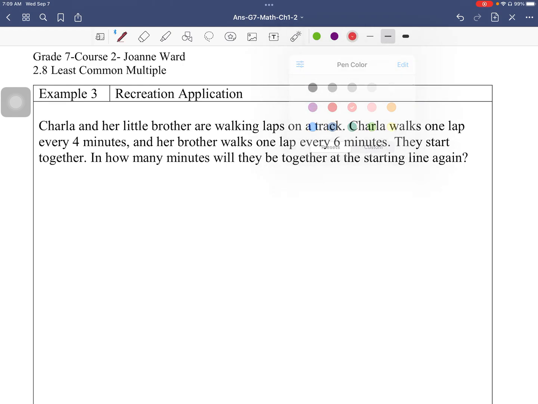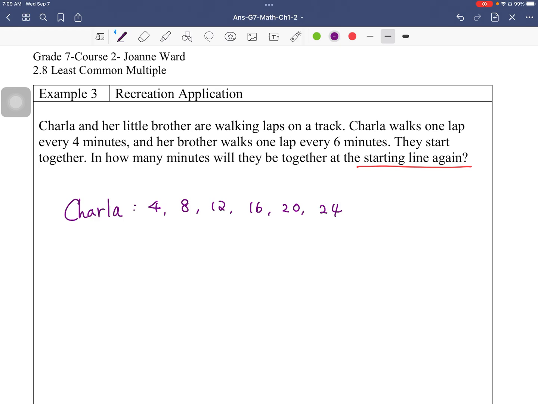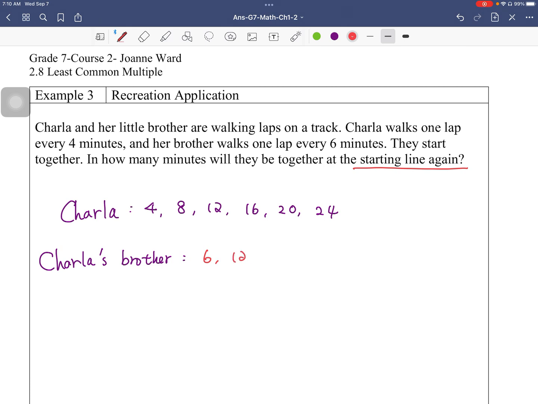For Charla, every 4 minutes, you get 4, 8, 12, 16, 20, 24. For her brother, you get 6, 12, 18, 24, 30, 36.